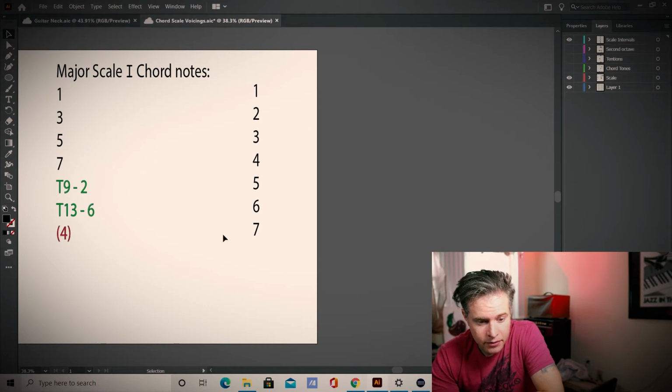That scale is going to have these notes: a 1, a 2, a 3, a 4, a 5, a 6, a 7, and then an octave, an 8, or we'll just call it a 1 again because it's going to start over. Now, these are all based off of the major scale, so they're all natural. It's a 1, a 2, a 3, a 4, a 5, a 6, a 7, all major. None of them are minor, none of them are flat, just major notes 1 through 7.